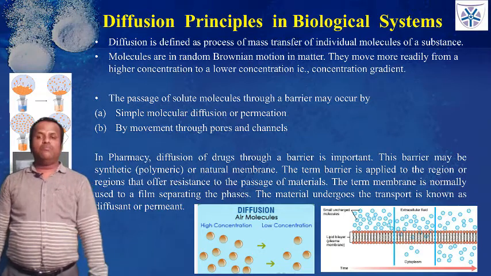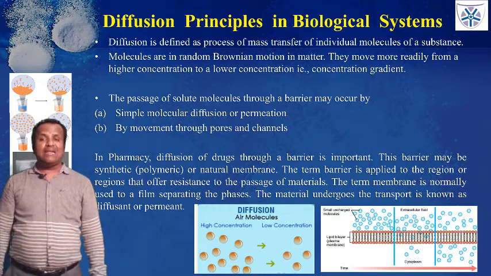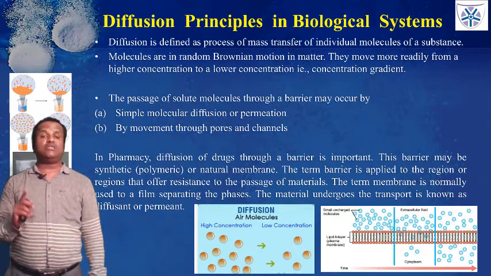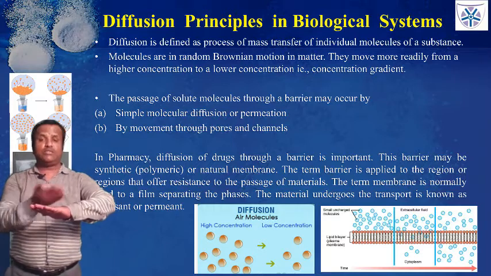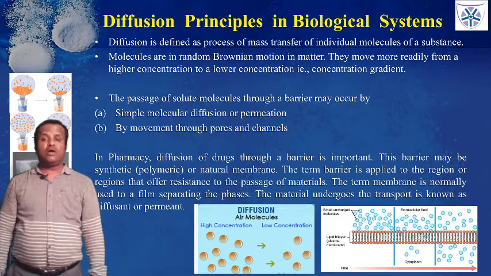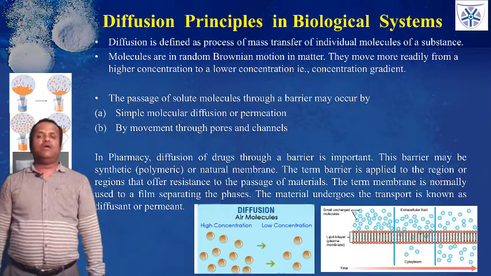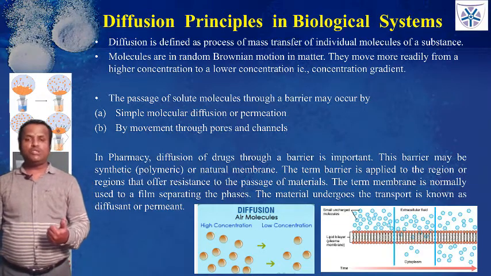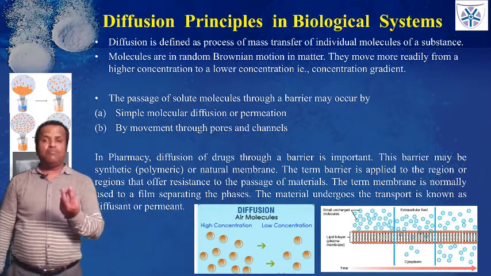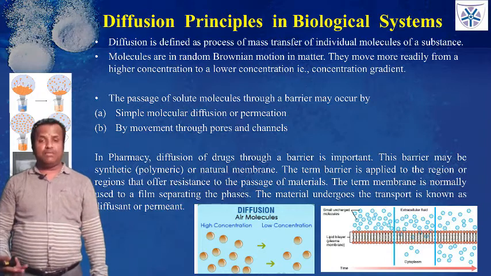They move more readily from higher concentration to lower concentration; this is the concentration gradient. The passage of molecules through a barrier may occur by simple molecular diffusion or permeation.